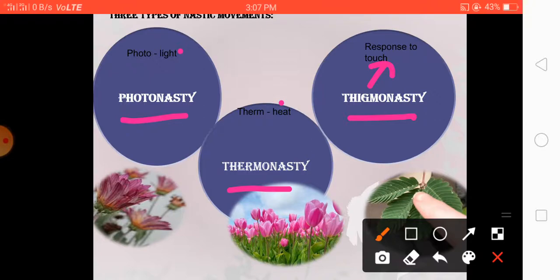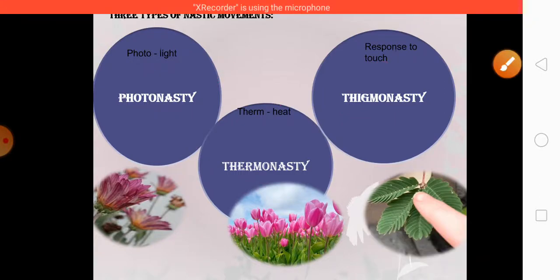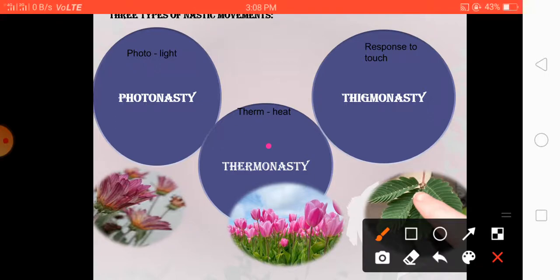And here you can see this flower giving a response to light. In the morning it blooms, but in the evening it automatically closes. So here photonasty takes place. And the next one is thermonasty.